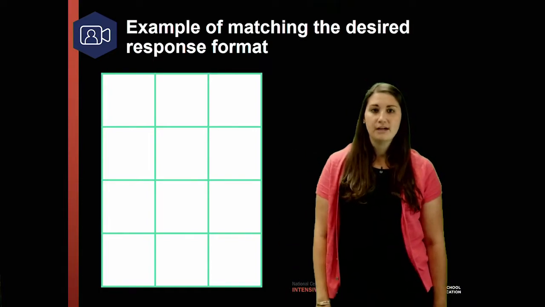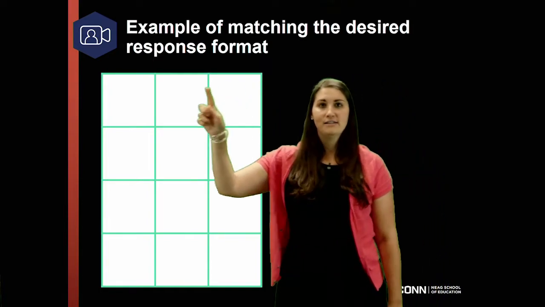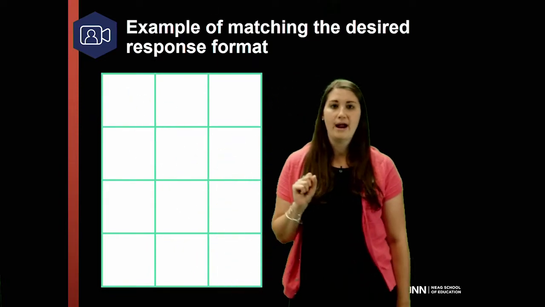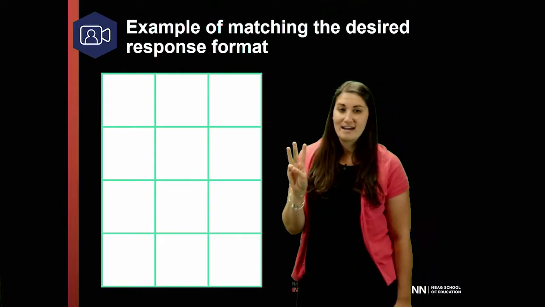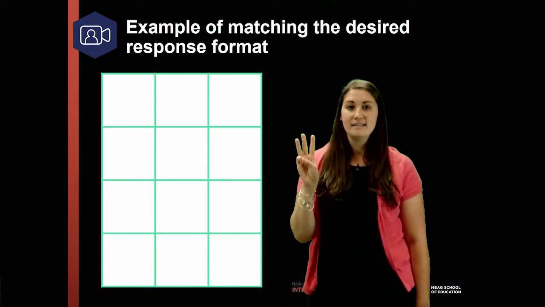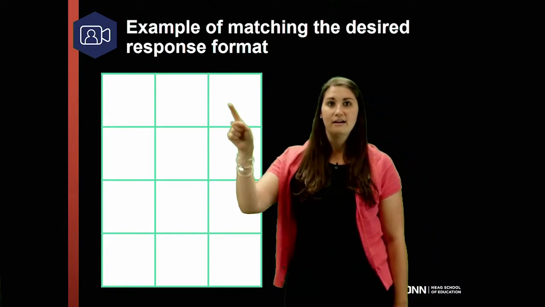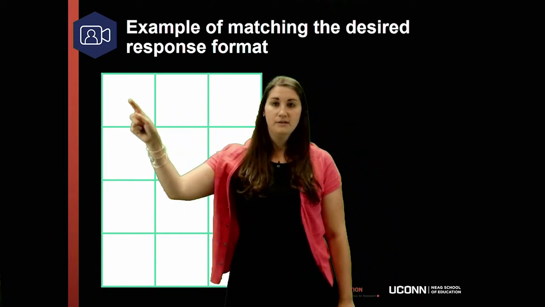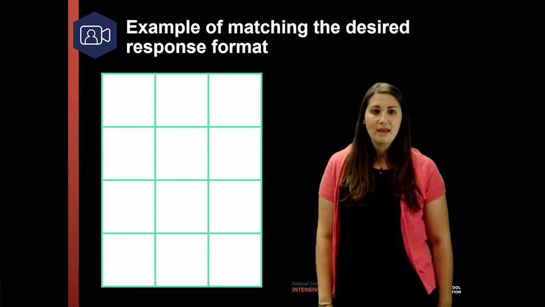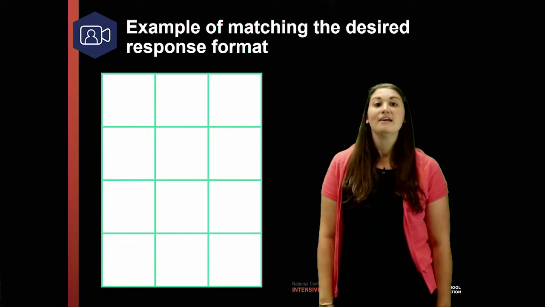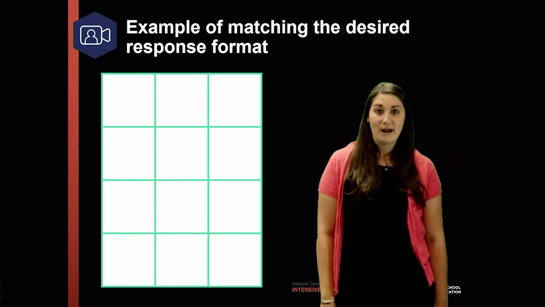How many squares are in the first row? Here's the first row. How many squares? Show me on your fingers. 3. Great job. There are 3 squares in this row. Let's count them together. 1, 2, 3. There are 3 squares in the first row. How many squares are in the second row, Jocelyn? Great, there are 3 squares in the second row.